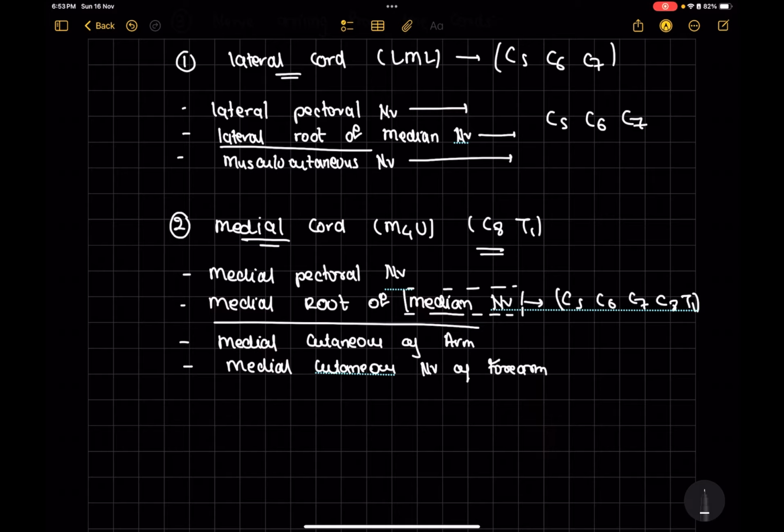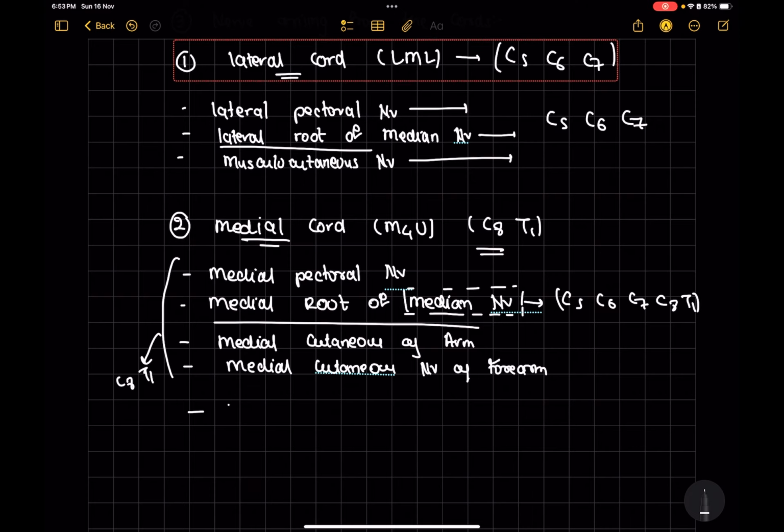And the root value of all these nerves is only one, that is C8 and T1. But I told you that there is one exception, and that exception is in the U, that is ulnar nerve. In ulnar nerve the root values are a slight difference, there is C7, C8 and T1.